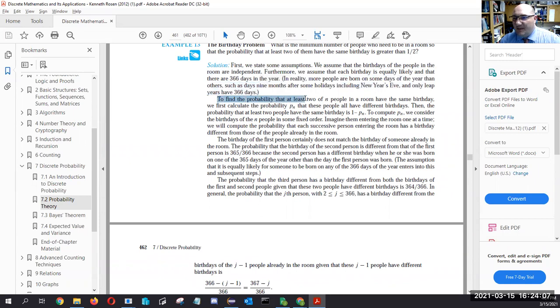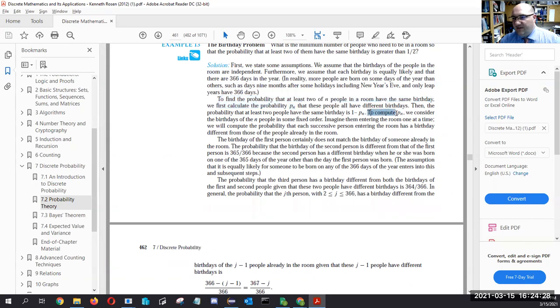All right, we define the probability that two of n people in a room have the same birthday. We calculate p of n, the probability that these people all have different birthdays. Then the probability that at least two people have the same birthday is 1 minus p of n.